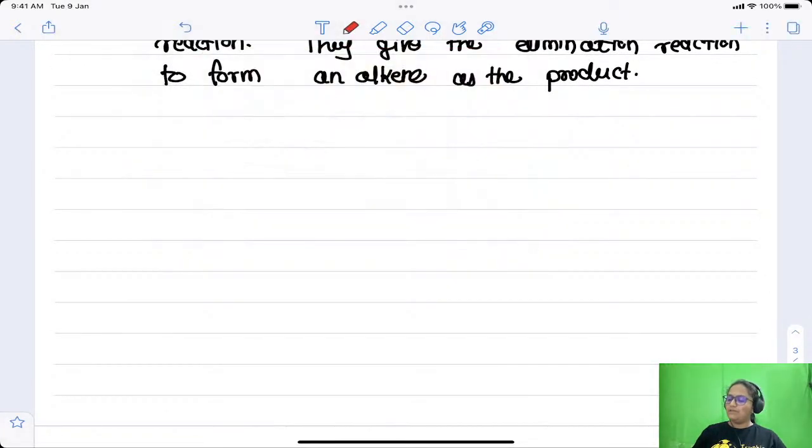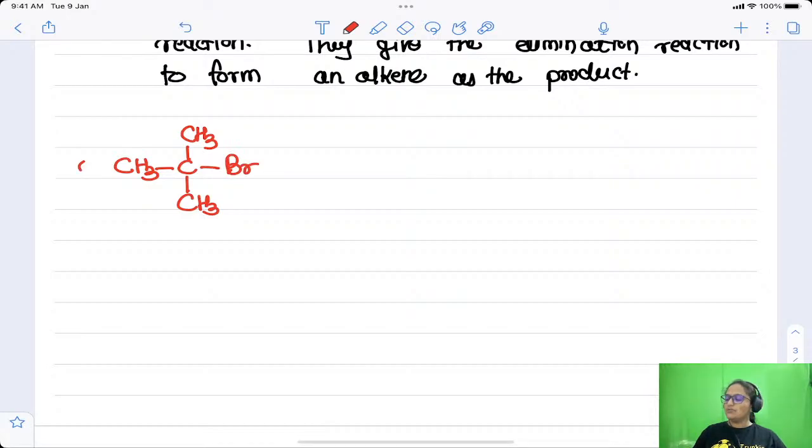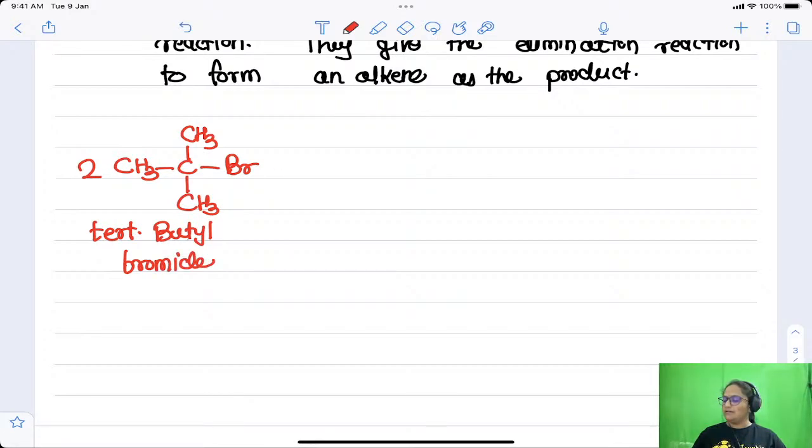Tertiary alkyl halides mean those in which the halide is attached to a tertiary carbon atom. This is a tertiary carbon atom if bromine is attached to it. Take two such molecules of tertiary butyl bromide treated with sodium metal in the presence of dry ether.